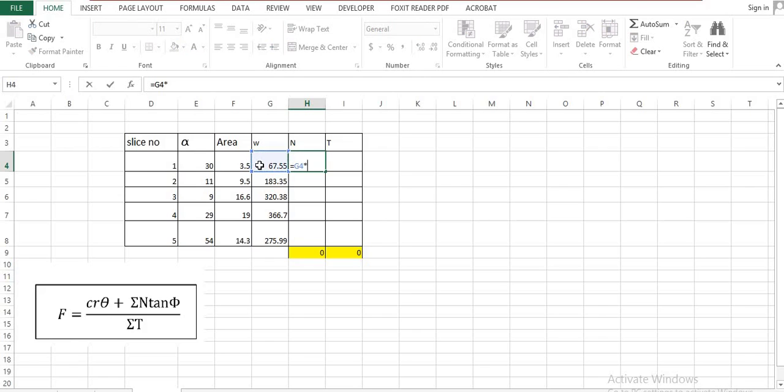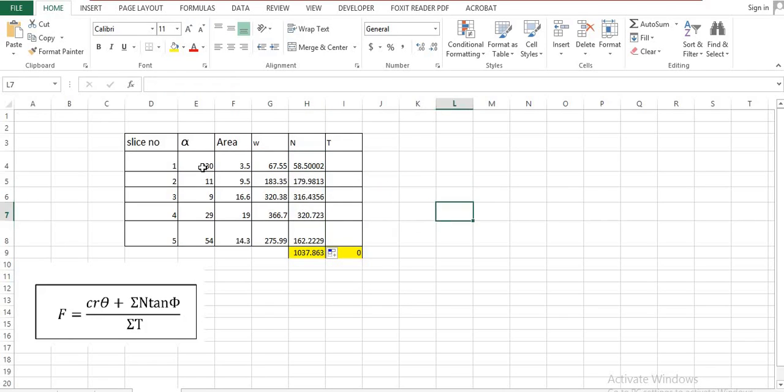This into cosines in radians, angle value, but remember now we have to make them negative.